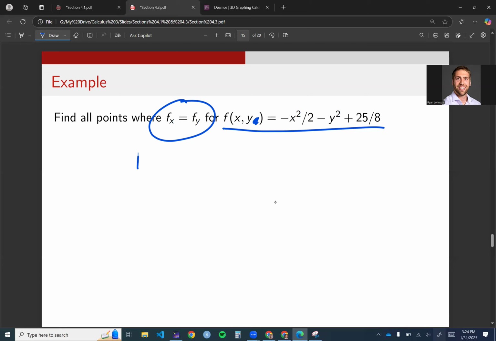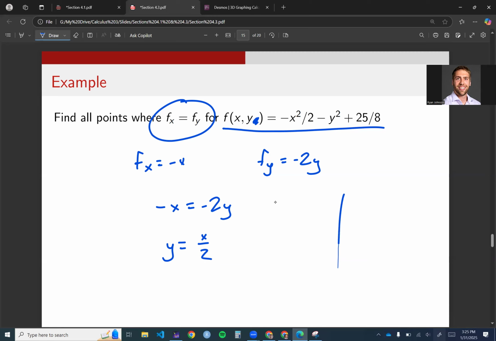All right, so f_x is negative x, f_y is negative 2y. So the places where they're equal would be when negative x equals negative 2y, which then would be, let's take the y over here, divide both sides by negative 2, and I get y equals x over 2. So it's a line, right?